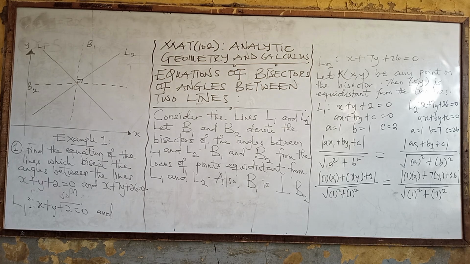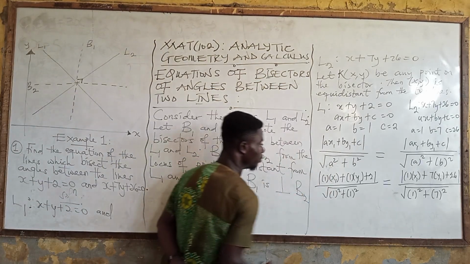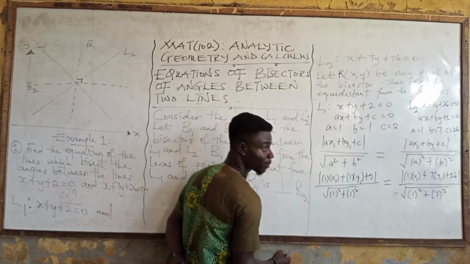So we have this on the board. Now we have 1 times x1. Let's omit the subscript 1.